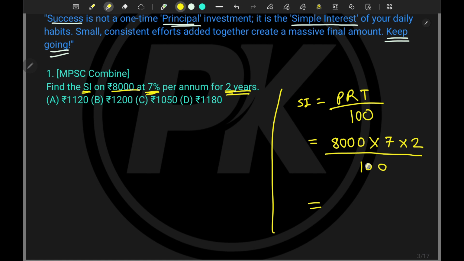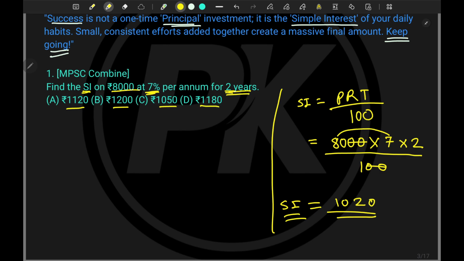And hence your final answer will be what? So it is 56, 56 into 2. It is 102 and this 10. So this is 1020. So this is the simple interest, 1020.